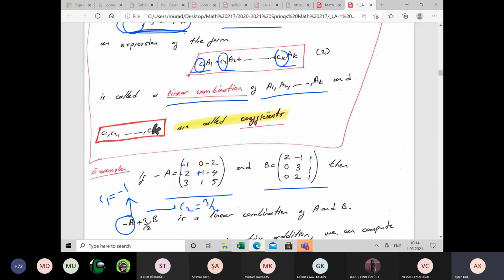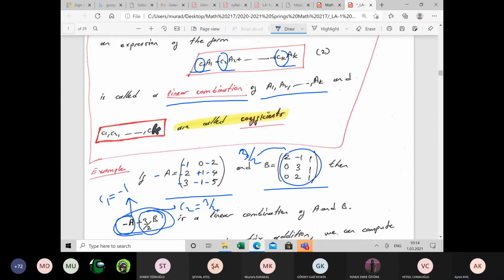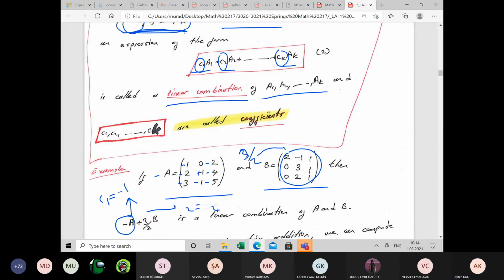And the next step, compute this one, which means all entries multiplied by 3 over 2. Yes, compute, and the next one use the addition operation. Compute please.